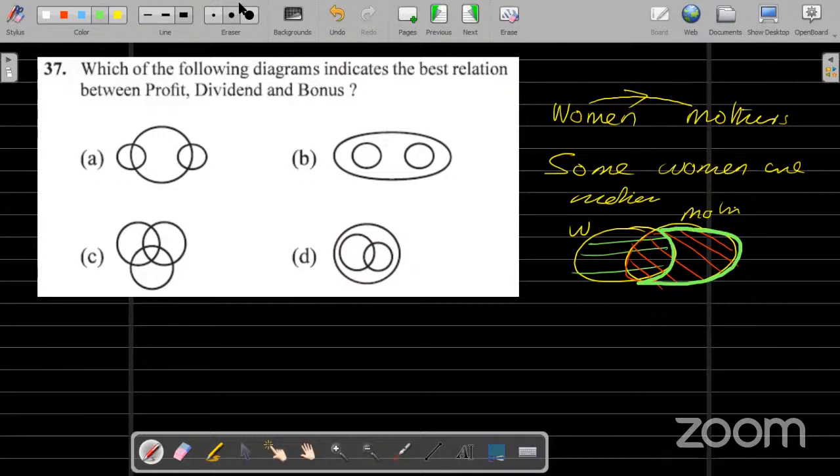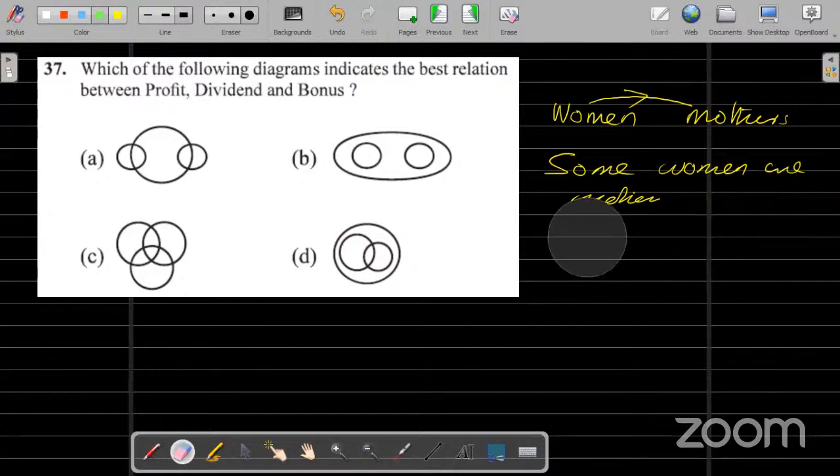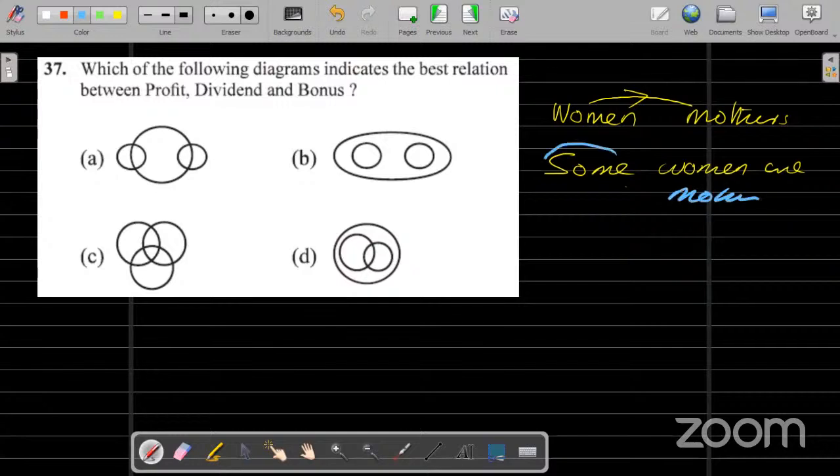So between two entities, if the first relation you are getting is some women are mothers, never depend on that. Think in the opposite way also. If the opposite way also gives the same some-of relation, then it could be some-of. Now, in the opposite way, if you think of mothers to women, I'm getting the relation all mothers are women.